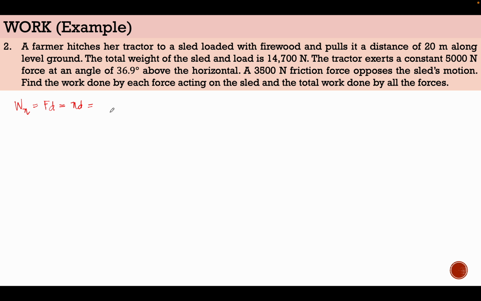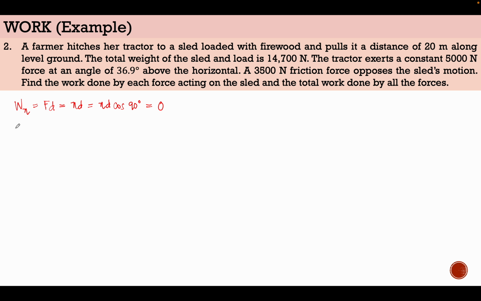So we have the normal force times the distance times the cosine of 90 degrees, which is equal to 0. So again, since cosine of 90 is equal to 0, the work done by the normal force is 0.